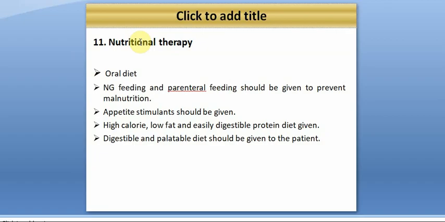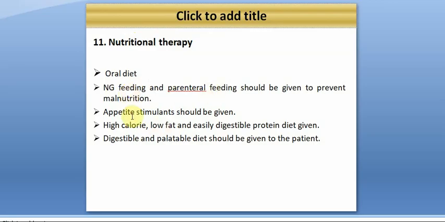Then next is the most important part, that is nutritional therapy, because we already know that one of the complications of HIV AIDS is weight loss or cachexia, as we call it. Completely the patient becomes emaciated. So a good diet is very essential. If the patient is not feeding orally, you may have to start NG feed or maybe parenteral nutrition.